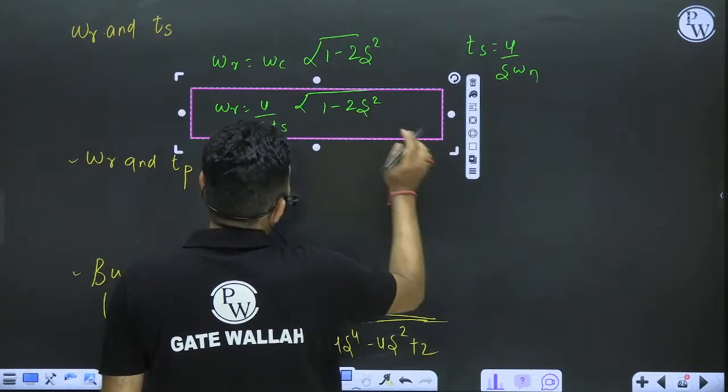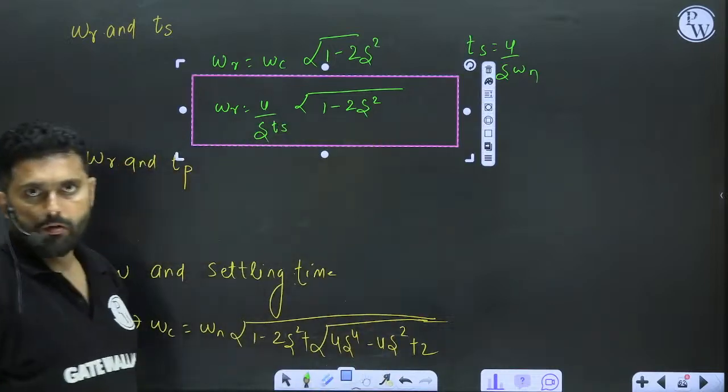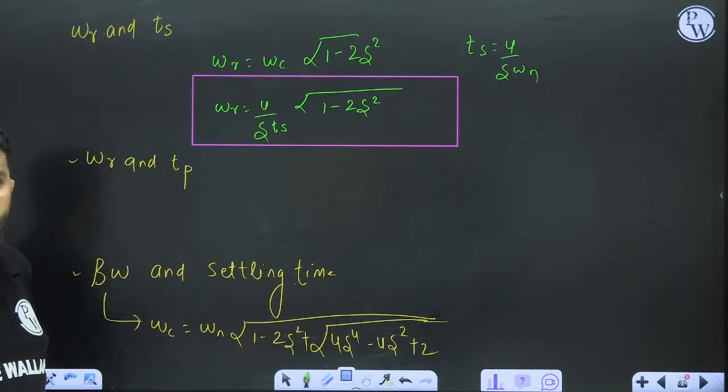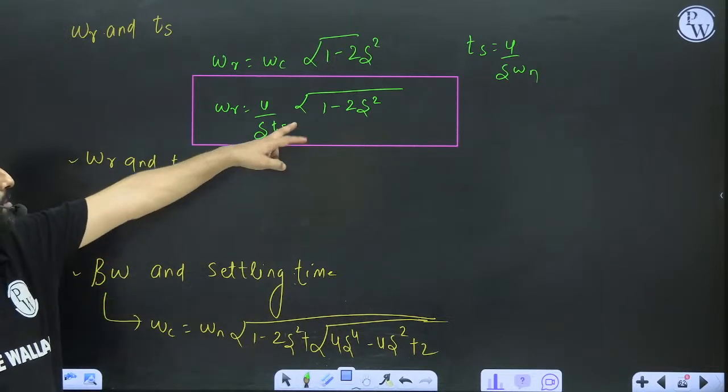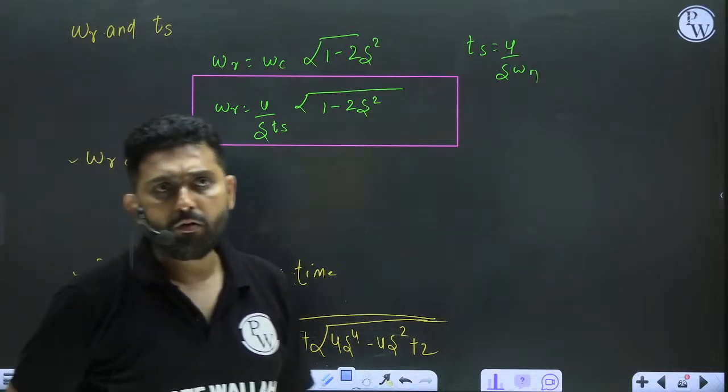Can we say like that? Yes or no? 4 by ts root of 1 minus 2 zeta square by zeta. Come on, say it. Yes or no?